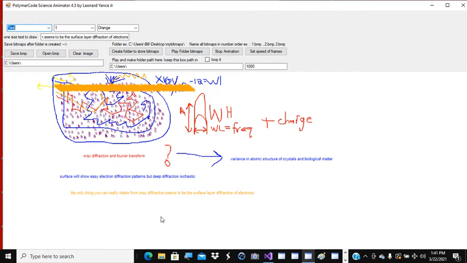The only thing you can really obtain from X-ray diffraction seems to be the surface layer diffraction of electrons.